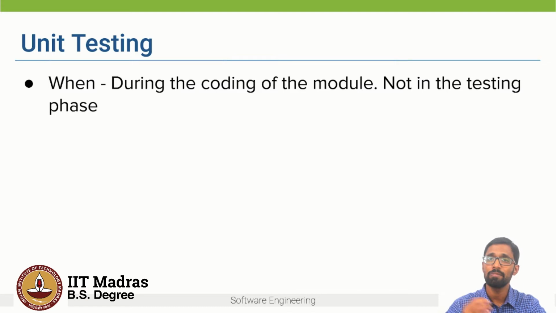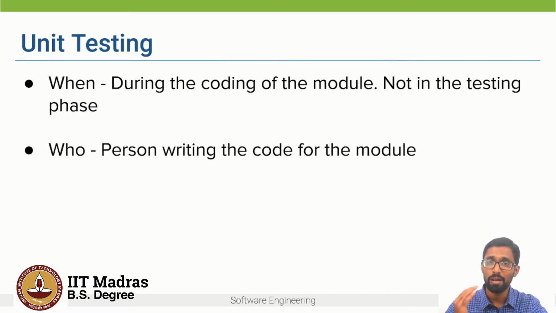It's not that we develop the module and then we start testing, right? As we code the module, or as we develop a module, we should be doing the unit testing of that as well. And who should be doing this? So the person who writes the code for the module, ideally that person is the one who should be doing the unit testing as well.